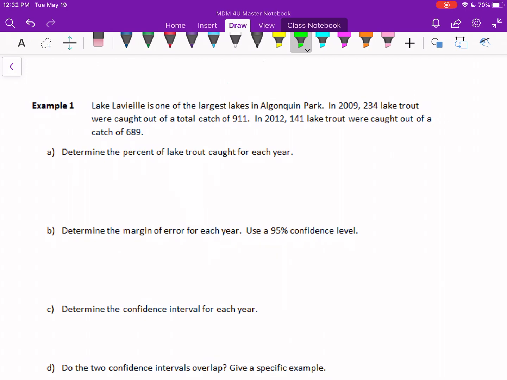So 2009 I'll highlight in yellow. In 2012, there were 141 lake trout caught out of a catch of 689. Determine the percentage of lake trout caught for each year.